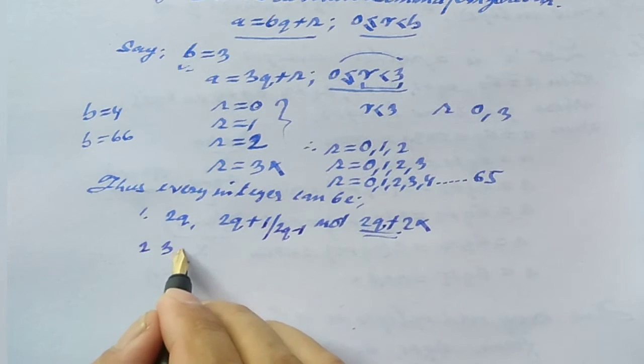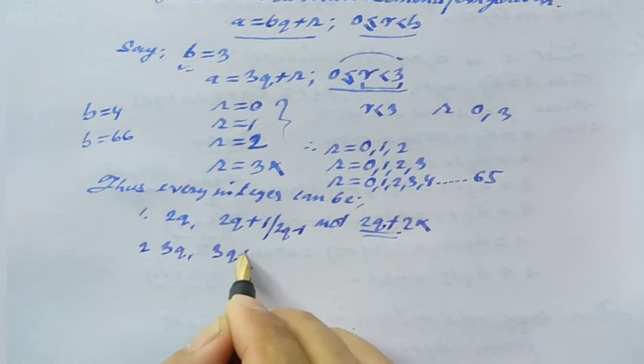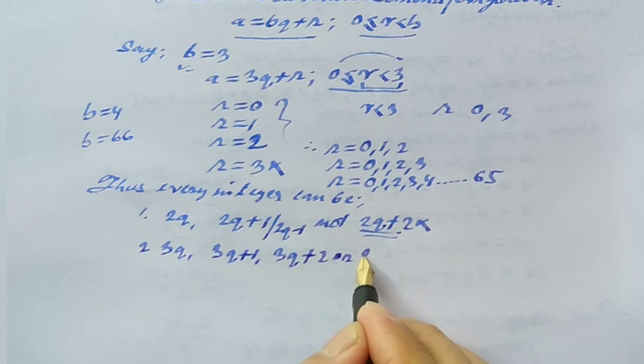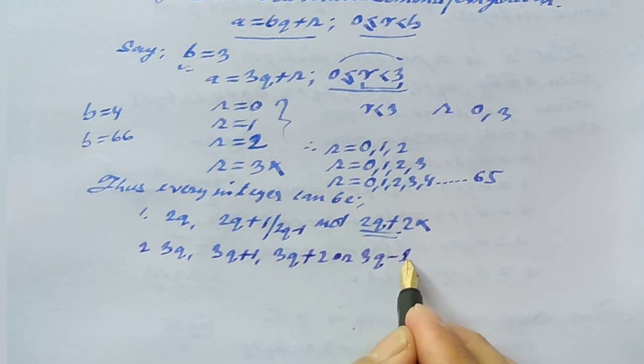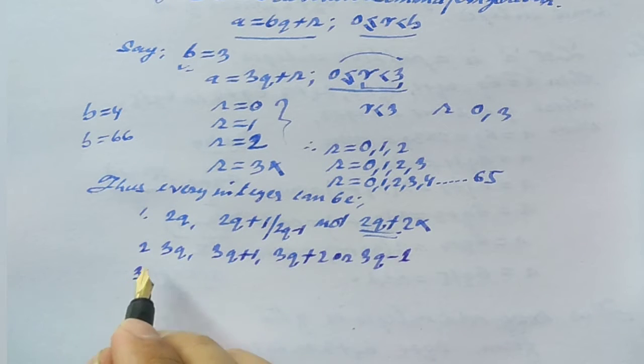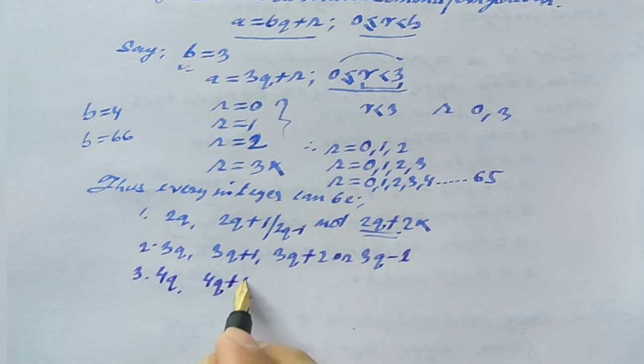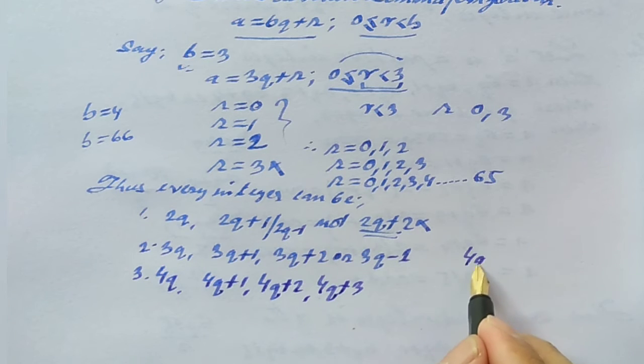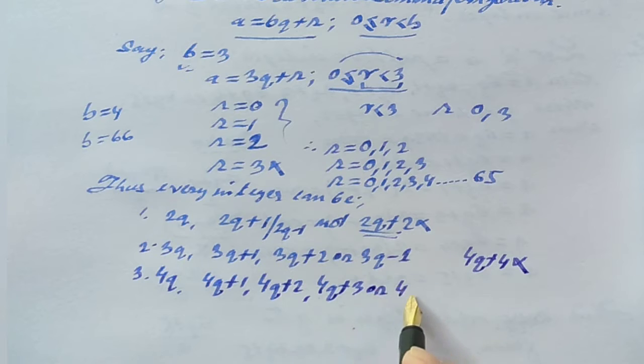In the second case, let us take 3q plus 1, 3q plus 2, or we can write 3q minus 1. Now let us come to the third type: if we take 4q plus 1, 4q plus 2, 4q plus 3 and not 4q plus 4, which is not possible, but 4q plus 3 can be written in the form 4q minus 1.